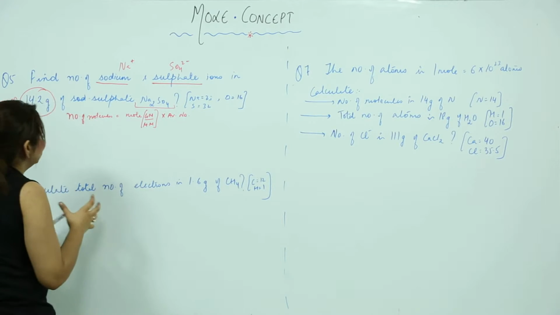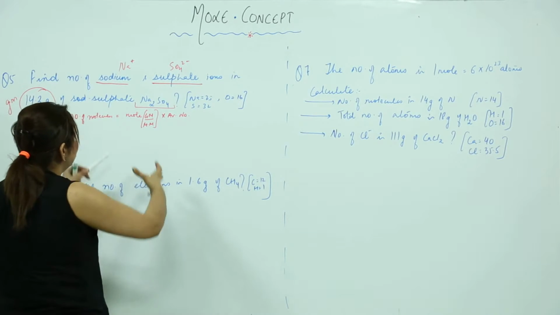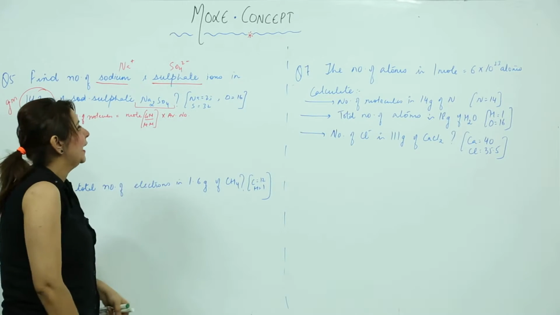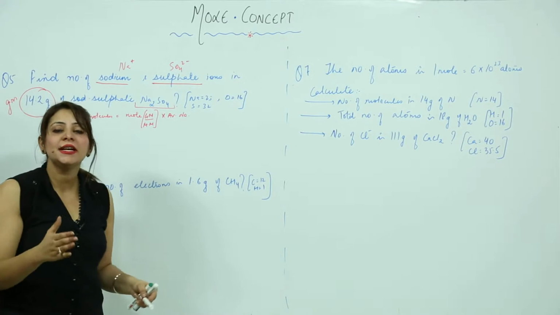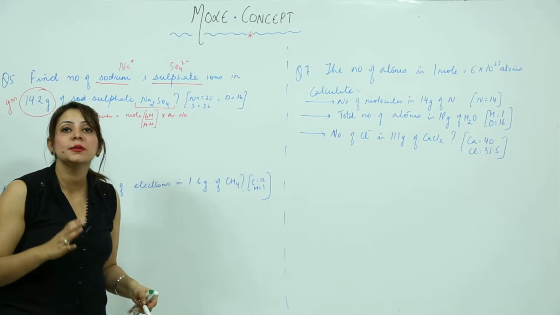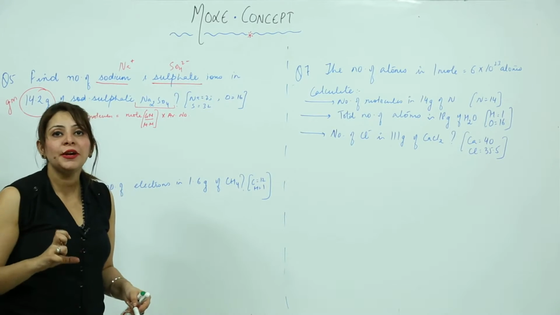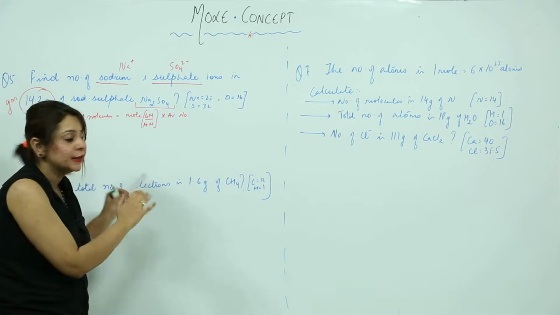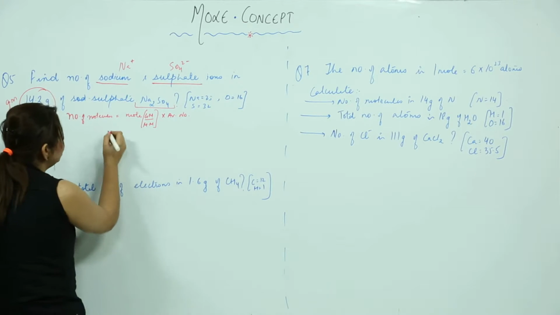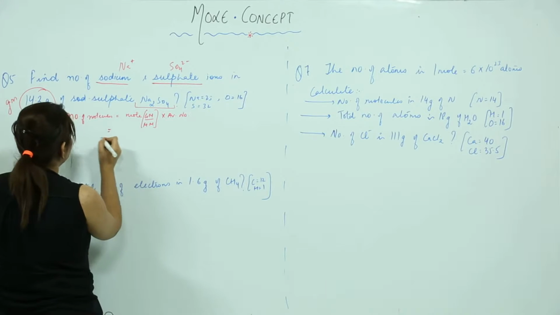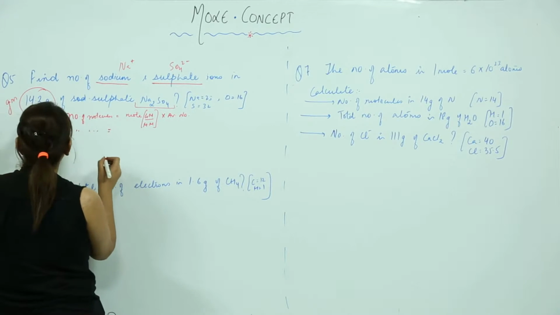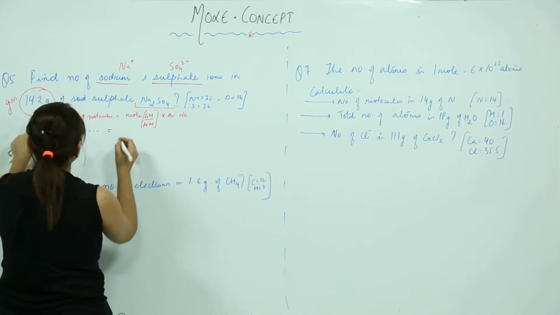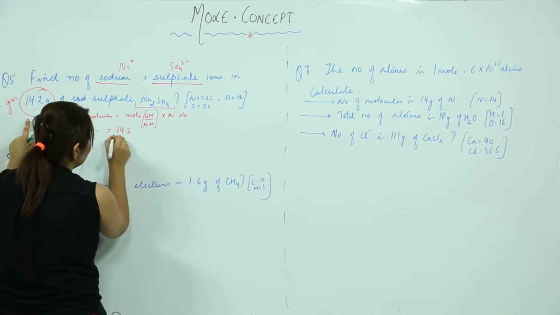So when I need to find the sodium ions and the sulfate ions in Na2SO4, the first thing is to find the total number of molecules present in this much mass. So we have mole, and we need to find the number of molecules. The given mass is 14.2 grams.